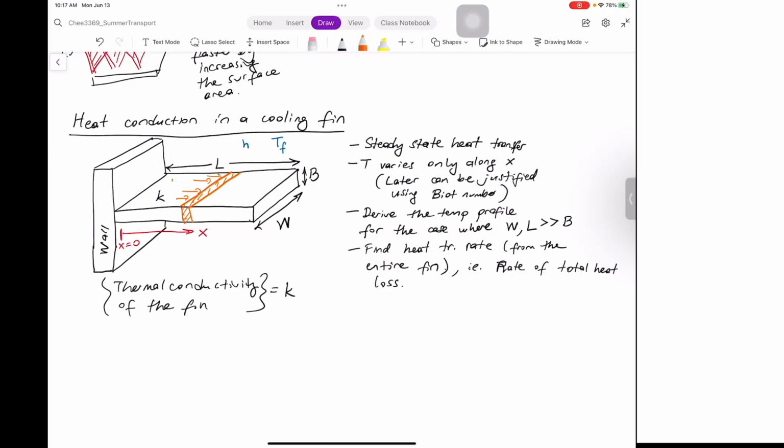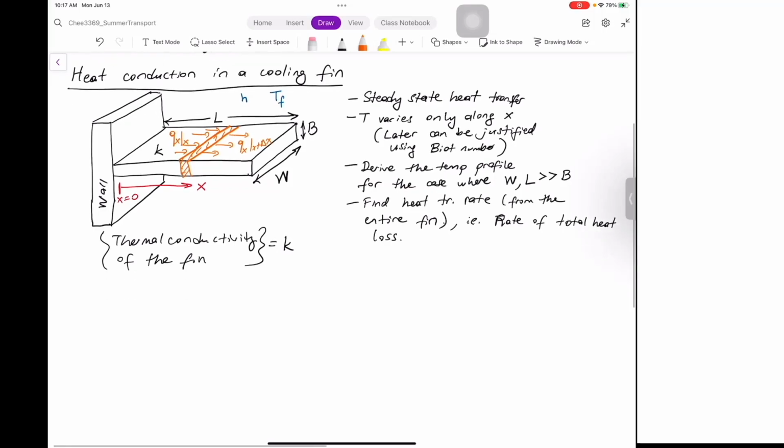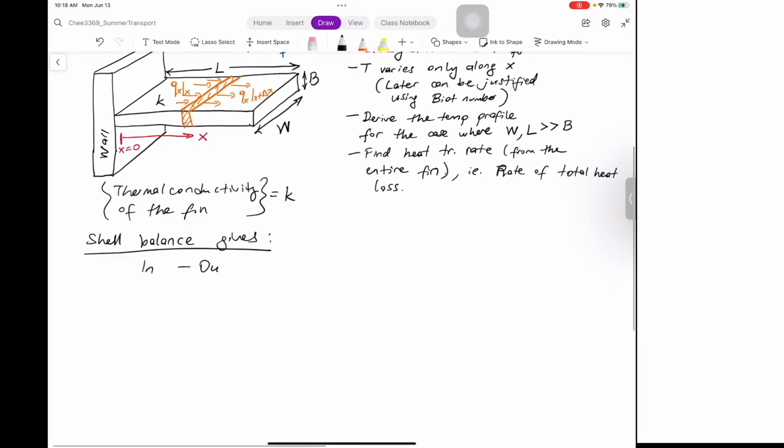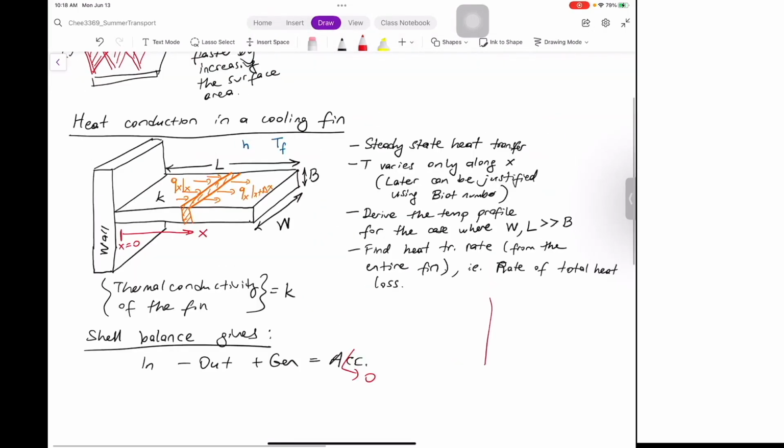Let's call it Qx at X, and the flux getting out, let's call it Qx at X plus delta X. If you do the shell balance, it gives in minus out plus generation is equal to accumulation, and the accumulation is 0. Why? Because I assumed steady state here.